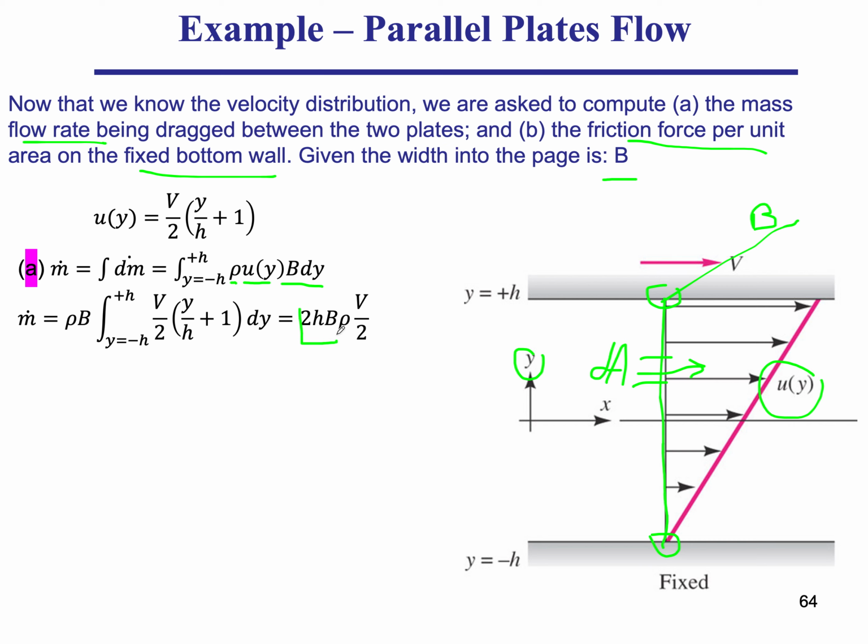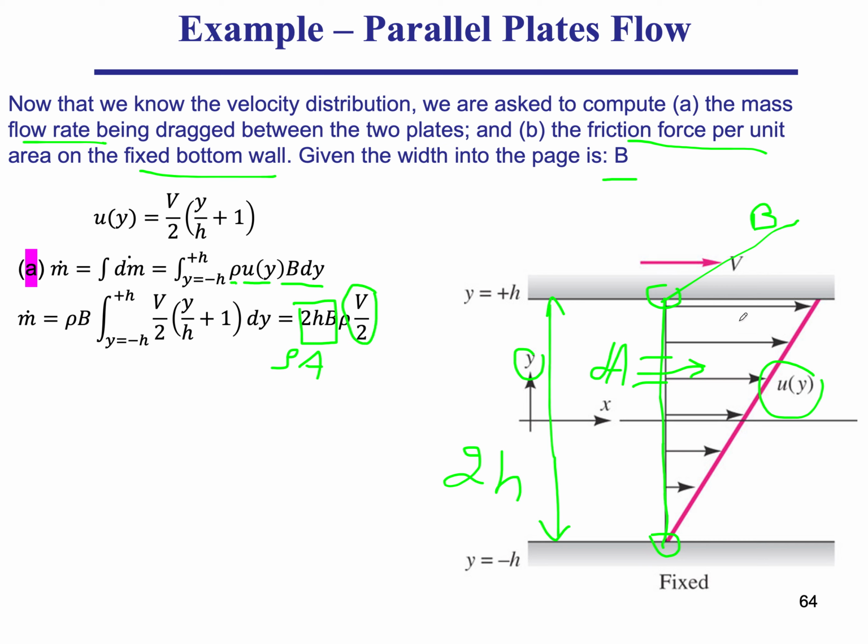you end up with the mass flow rate equal to rho times 2h times b times V over 2. What is 2h times b? This is h and this is minus h, so this is 2h. When you multiply it by b, the width, that's an area. So here you get an area multiplied by density, and this is the V over 2. What do you expect this V over 2 to be?